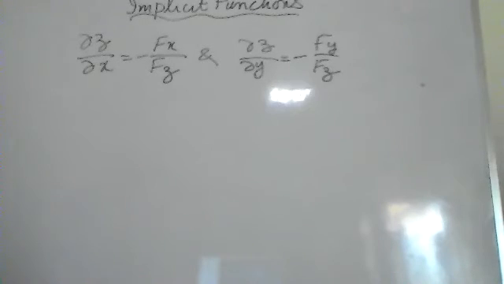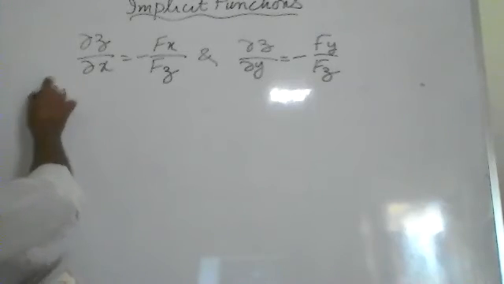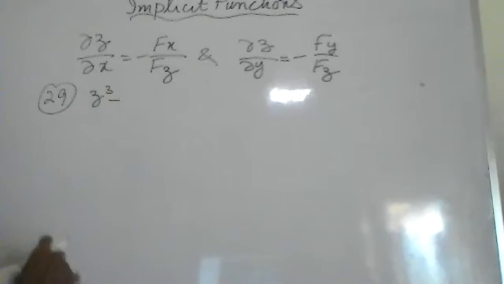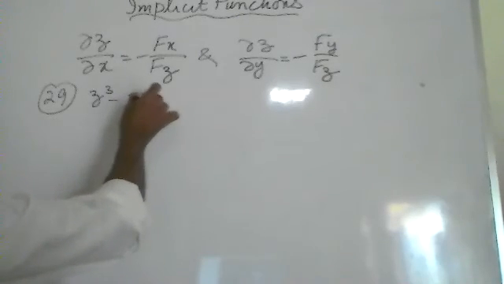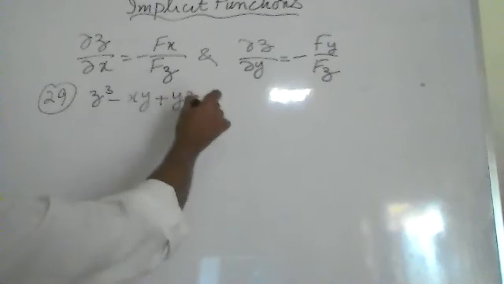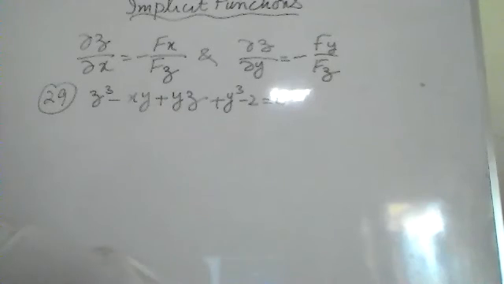Z cube minus xy plus yz plus y cube minus 2 equal to 0 at 1, 1, 1.